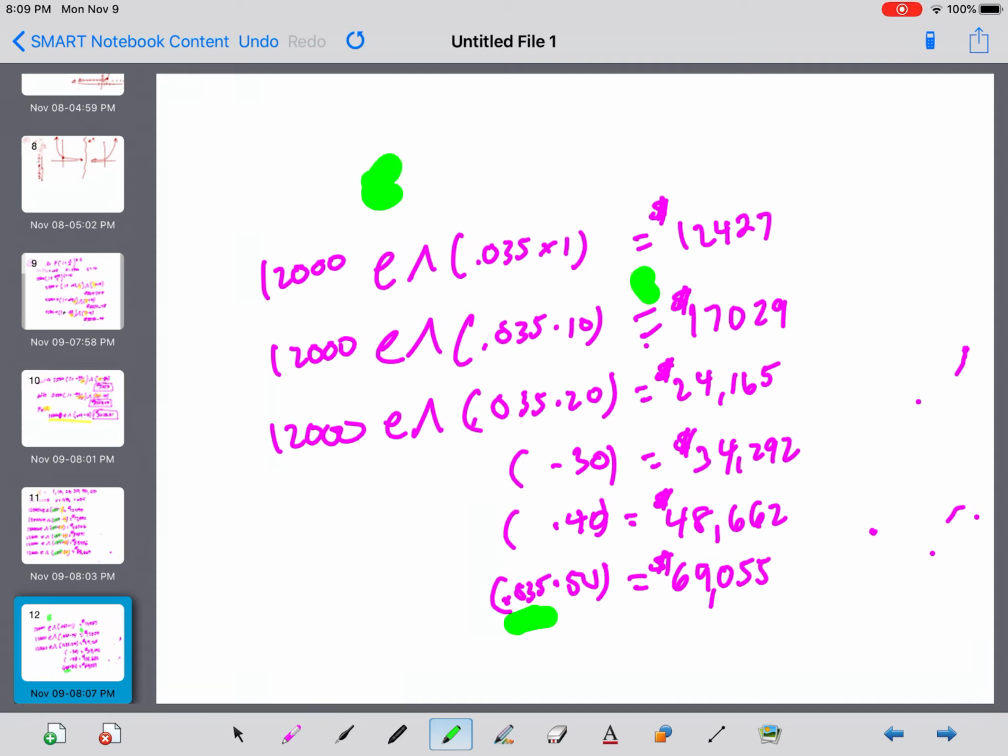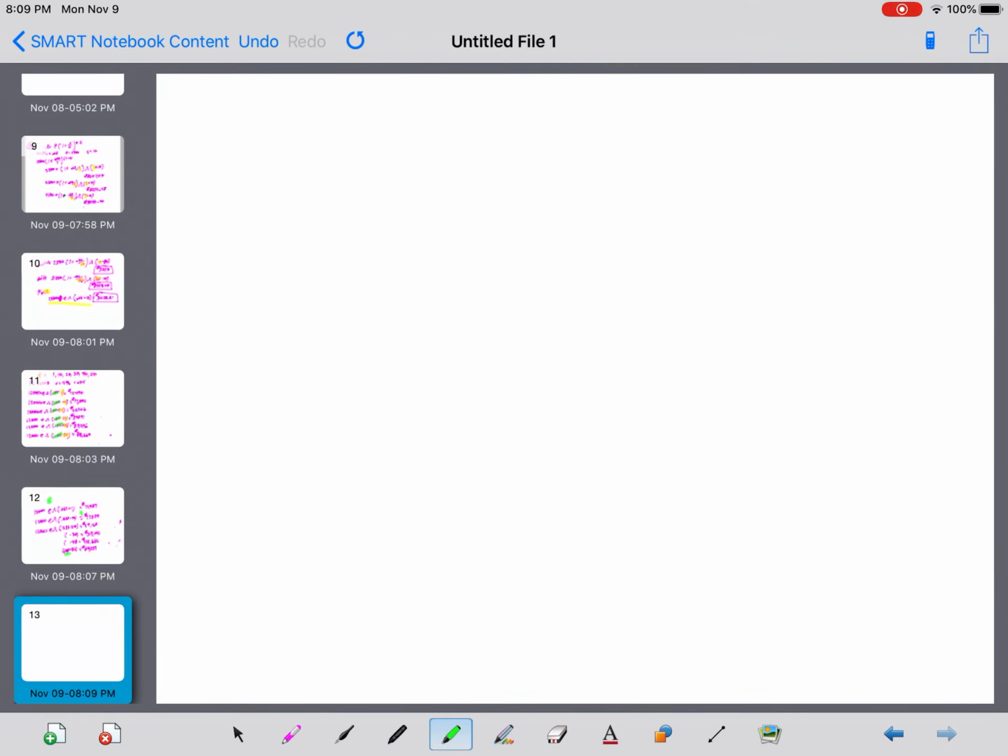All right, last two questions are some application questions with some exponential decay and exponential growth. So, what do we got here? So first one was the half-life. I don't have the book with me, but the half-life of a compound is 5,715 years.